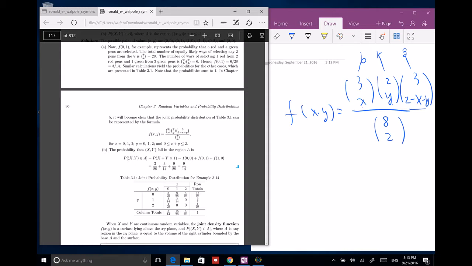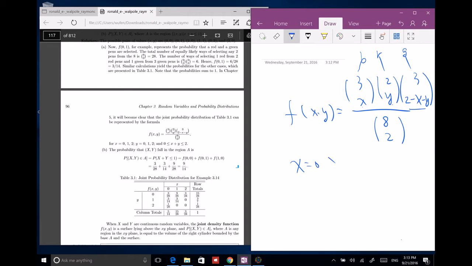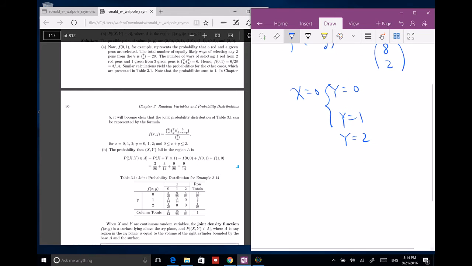You let x equal 0, 1, 2 and y equal 0, 1, 2. Basically, you're going to have table 3.1. You have x equals 0 with y equals 0, y equals 1, y equals 2. You put all of them together and you form a table.